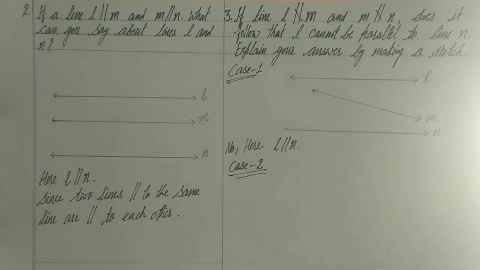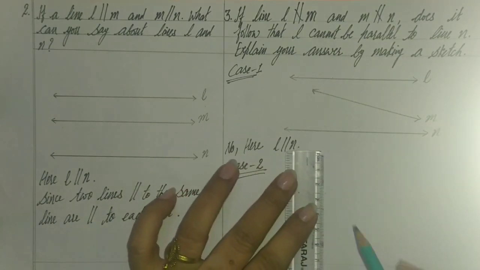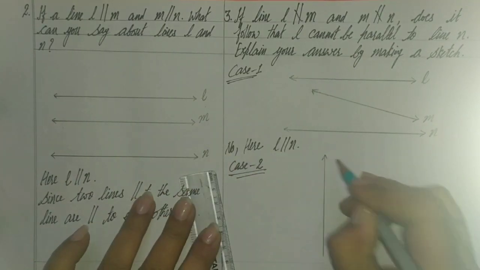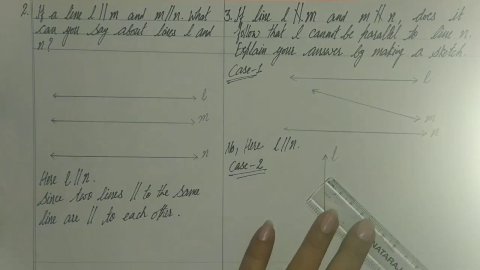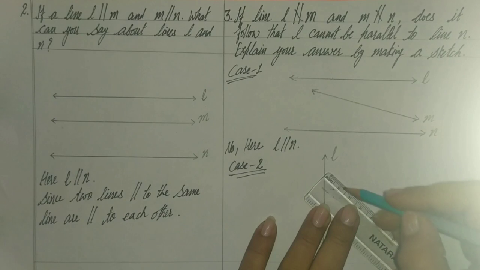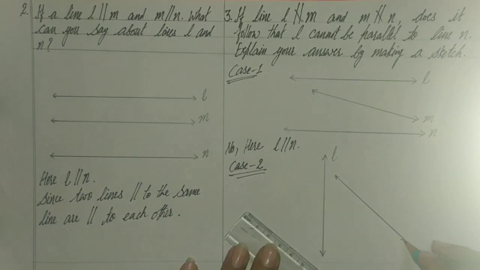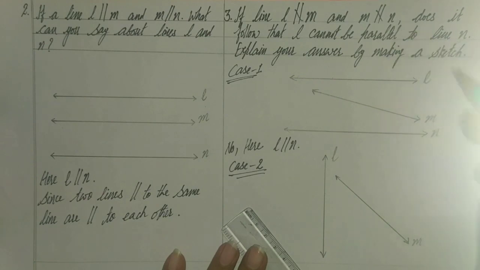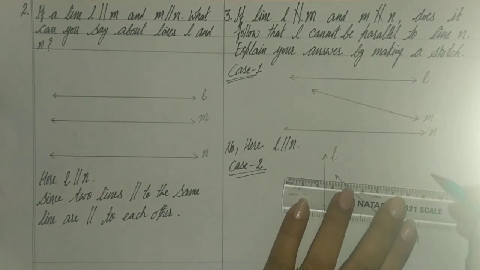Here it's given that L is not parallel to M. Suppose I have drawn this figure in this way, line L, and M is not parallel. It's already given, so not parallel, line M, and M and N are also not parallel, and it can be drawn in this way.